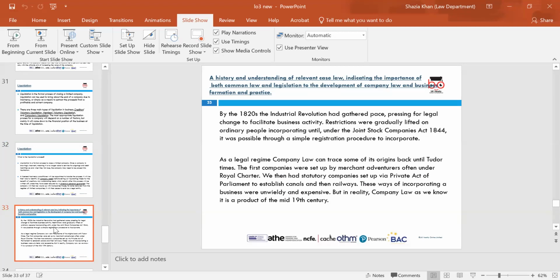Not associated with government as well? No, no. Okay. A history and understanding of relevant case law indicating the importance of both common law, legislation and development of company law. So, company law has developed historically over a long period of time. By the 1820s, the Industrial Revolution had gathered pace, pressing for legal change to facilitate business activity. Why do you think there was a need for change?